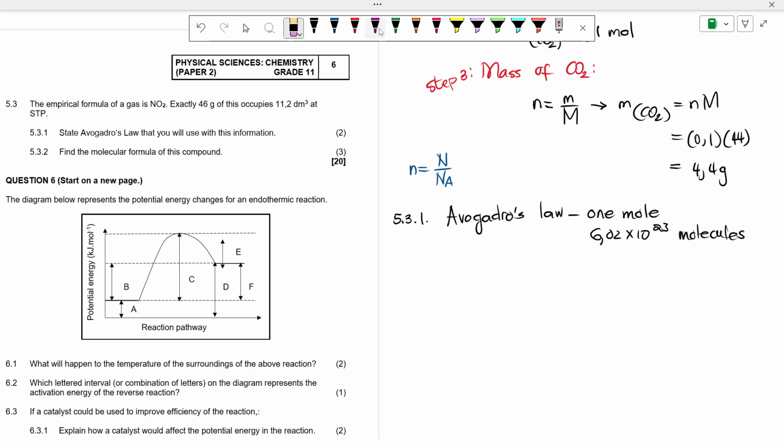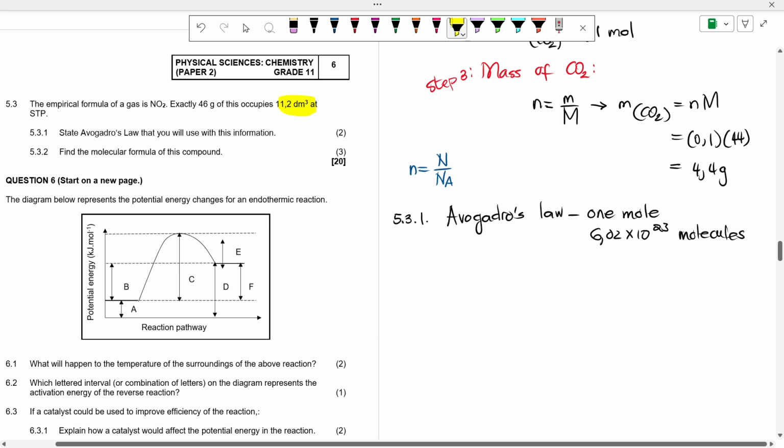Because in this case we are actually going to be using the Vm equation, just looking at the fact that this is a gas, they do say that.